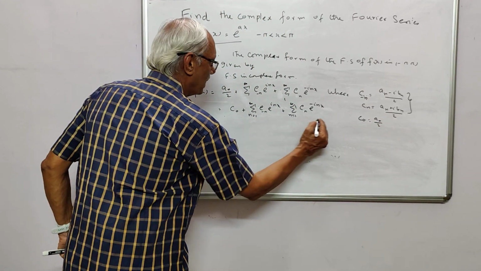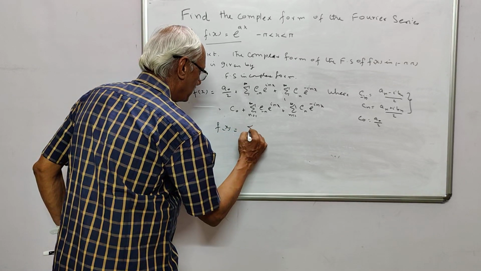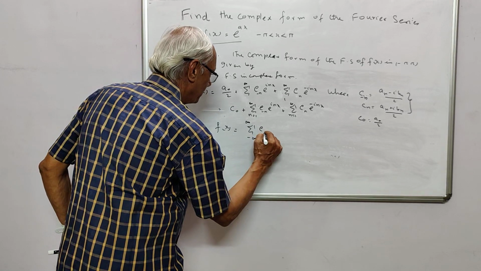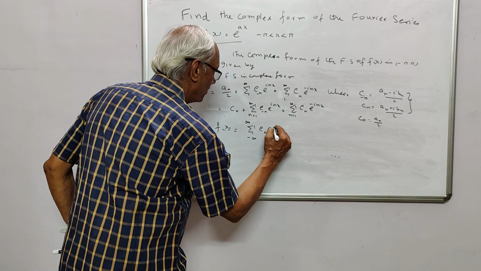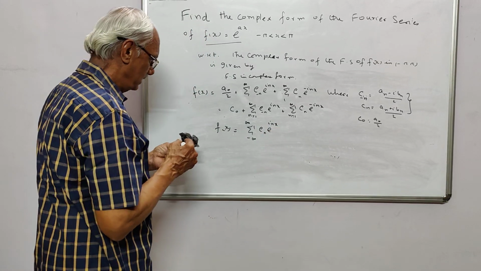Now these things can be combined and put in a single form as minus infinity to plus infinity e to the power of I n x. So this is what you get.